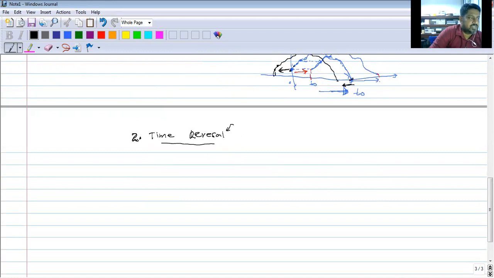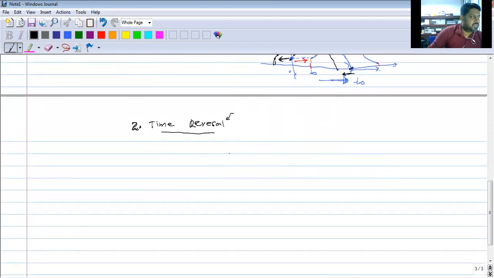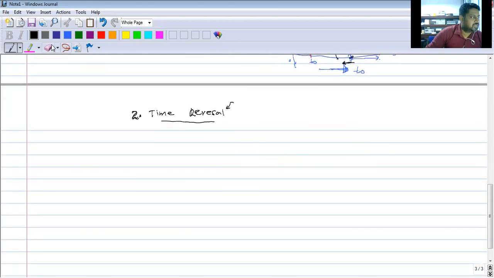So this is not brand new for us; we have already learned some of this. Time reversal means, I take an arbitrary signal. Again, it is a time domain signal, and the independent variable is time. Let's say the signal is like this.